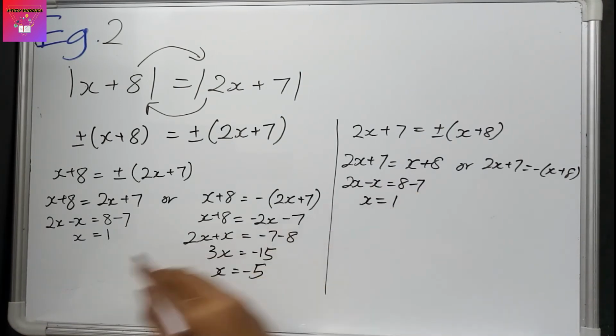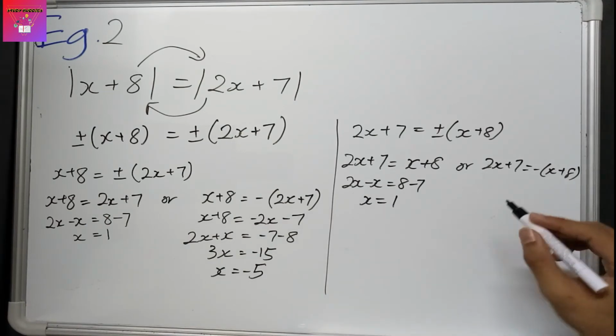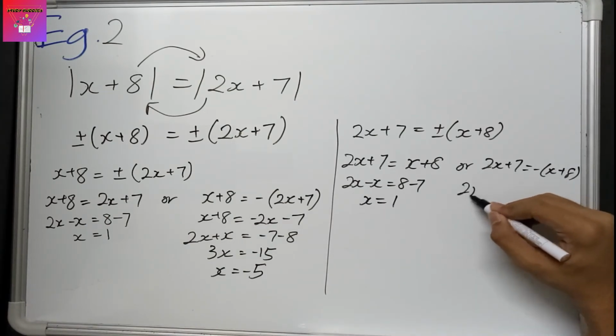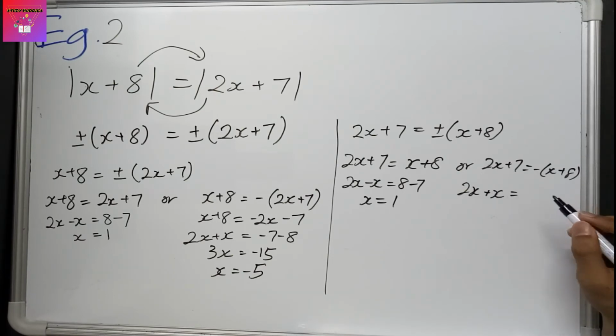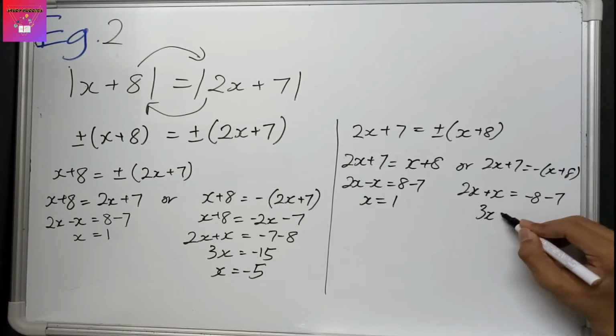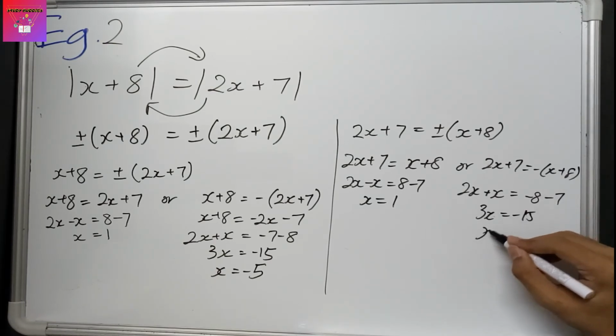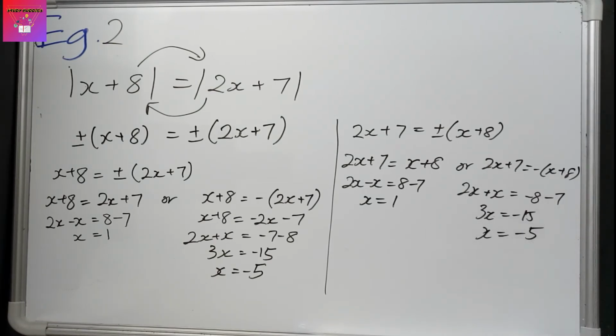Again, x equals 1, same. And for this side, it's going to be 2x plus x equals negative 8 minus 7. 3x equals negative 15, and therefore x is equal to negative 5. So if you notice properly, both these sides are giving the same answer.